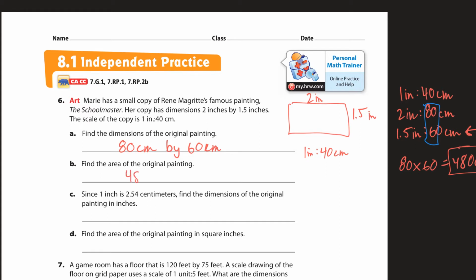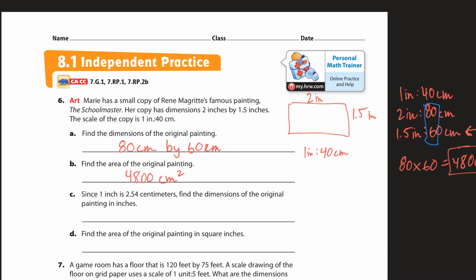Okay, next, since 1 inch is 2.54 centimeters, find the dimensions of the original painting in inches. So each inch is 2.54 centimeters.